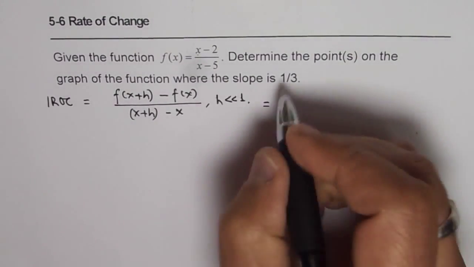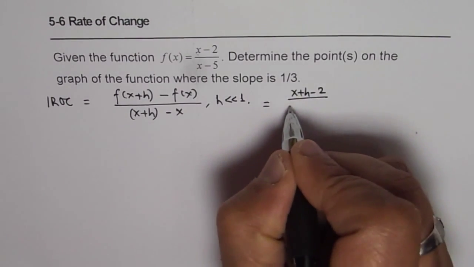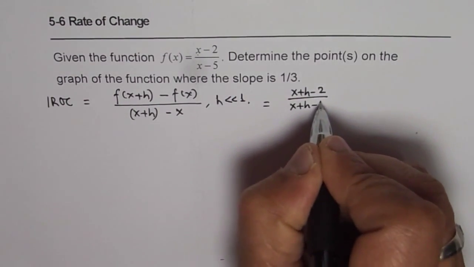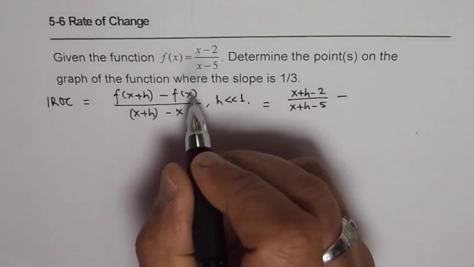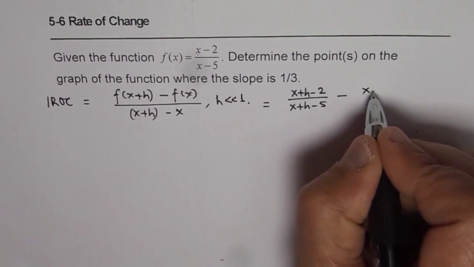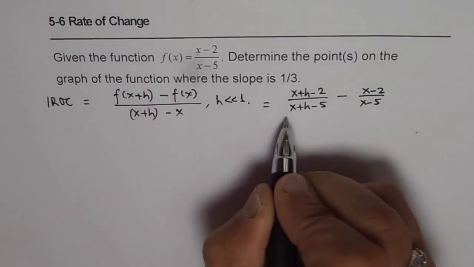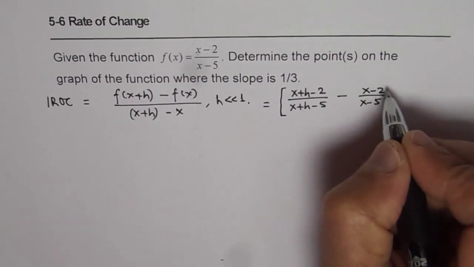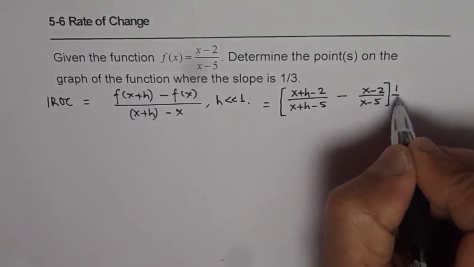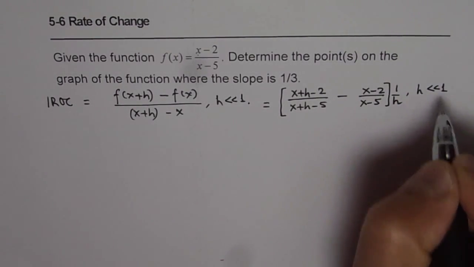I get (x + h - 2)/(x + h - 5), that is f(x + h), minus f(x), which is the function itself, (x - 2)/(x - 5), everything divided by h, where h is very small, right?